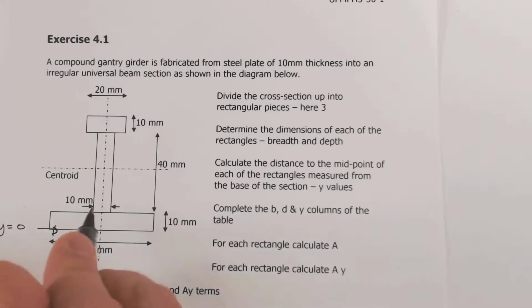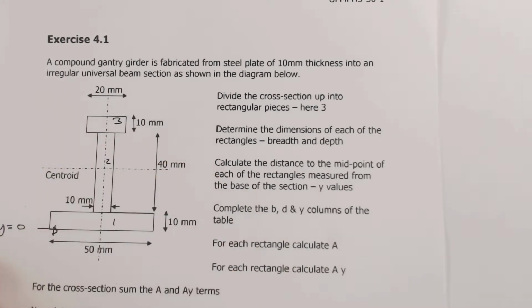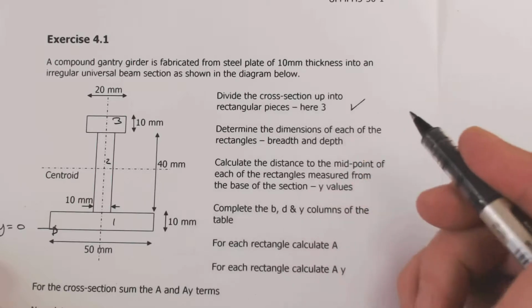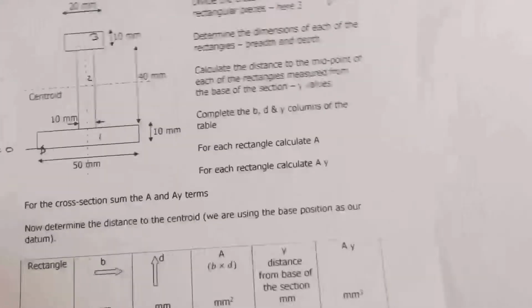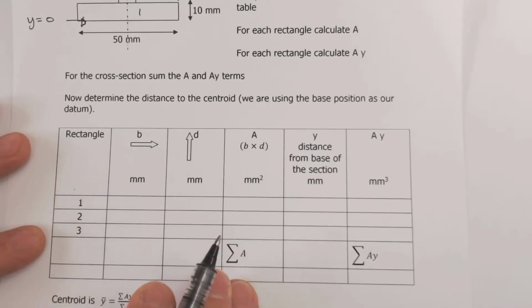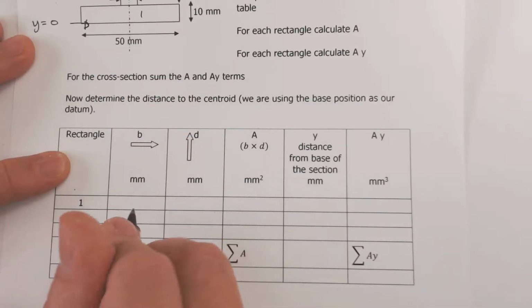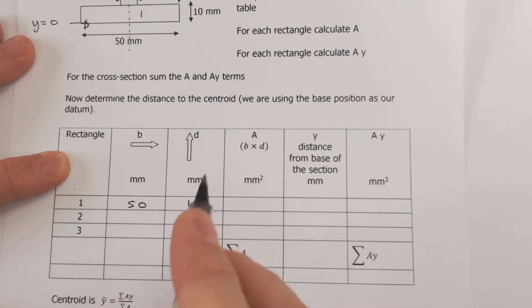Okay, I'll label them 1, 2, 3, like that. So I've divided them into 3 pieces. Determine the dimensions for each piece. For piece 1, going along the breadth, we've got 50, then going upwards 10.